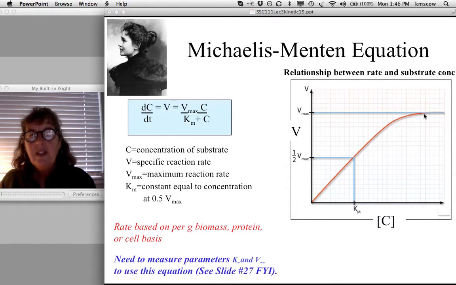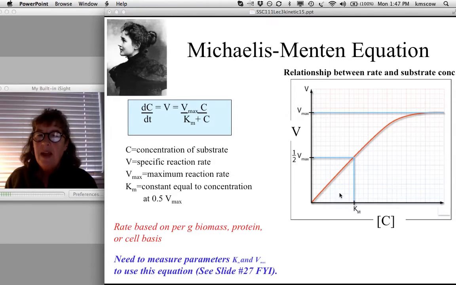And you would measure this V, this initial rate, at different concentrations. So you might have a number here, a number here, a number here, a number here, and then you can get this relationship from that and be able to measure these parameters Km and Vmax from looking at this relationship.